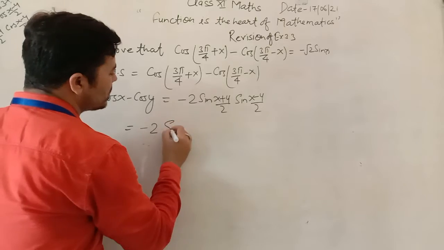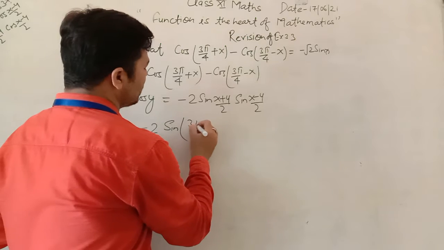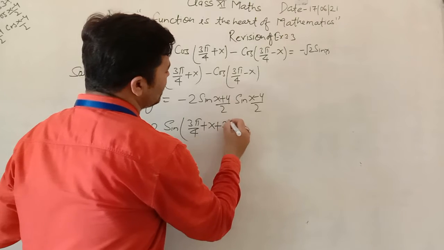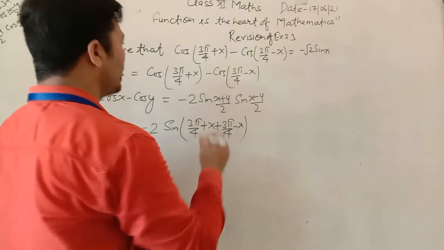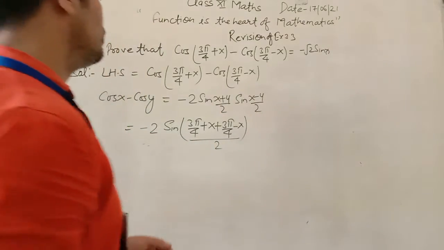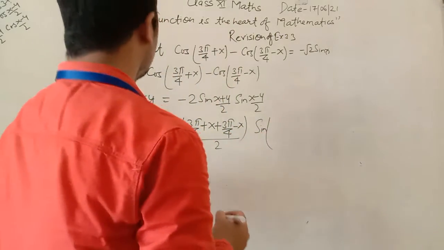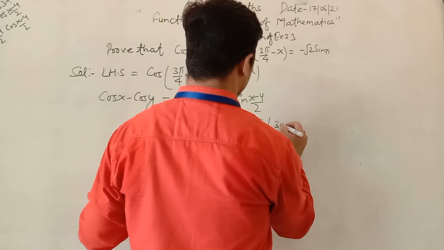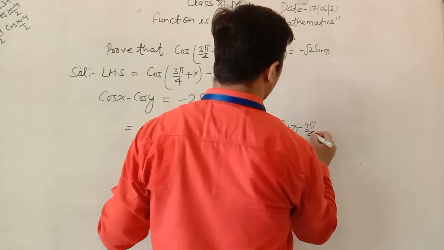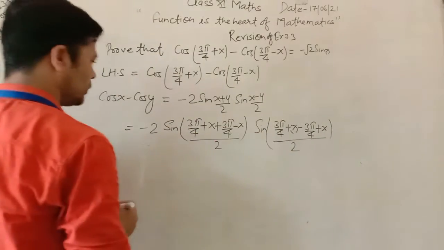−2 sin((x + y)/2). At the place of x, this is (3π/4 + x + 3π/4 − x)/2, into sin((x − y)/2), means this is (3π/4 + x − 3π/4 + x)/2.